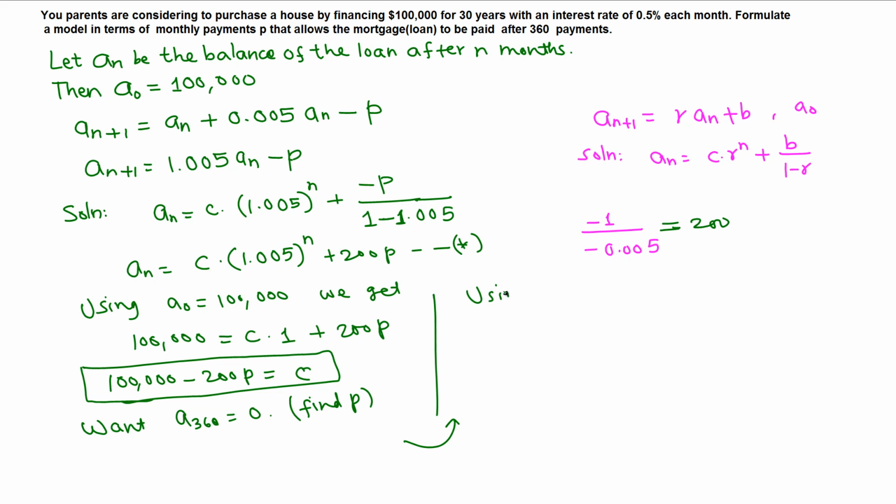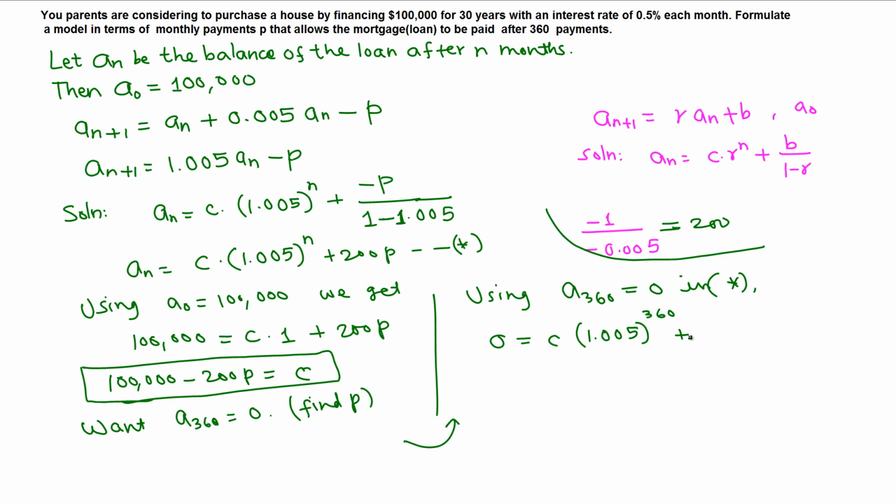Using A_360 equals 0 in the star equation, we get 0 equals C, this is the value we're going to put later, C times 1.005 raised to 360 plus 200P.